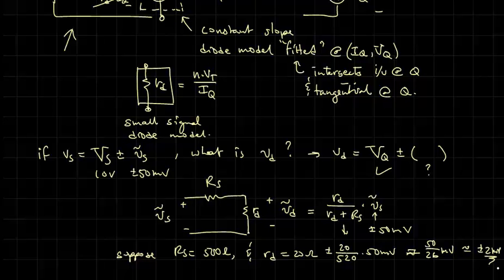So when your power supply, Vs, is modulated plus or minus 50 millivolts, the voltage across the diode actually changes plus or minus 2 millivolts.